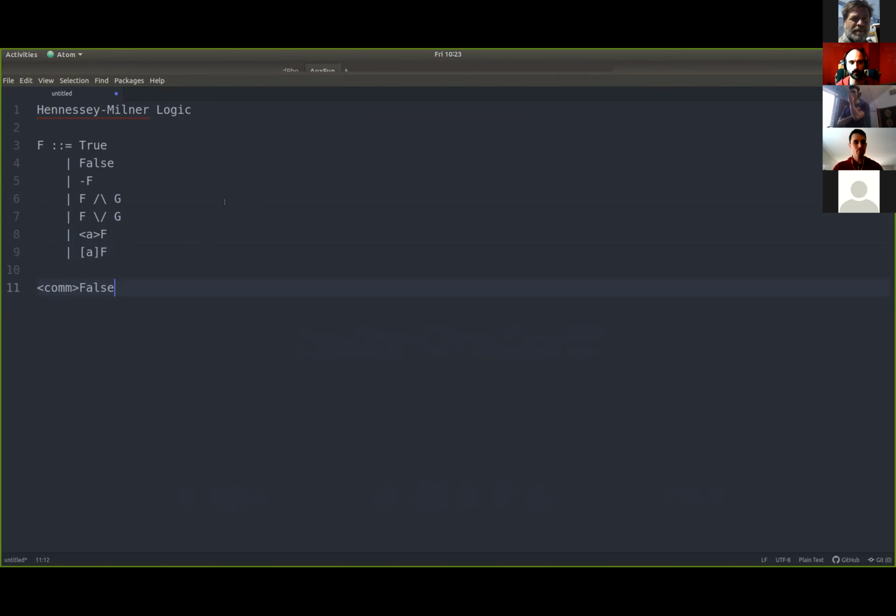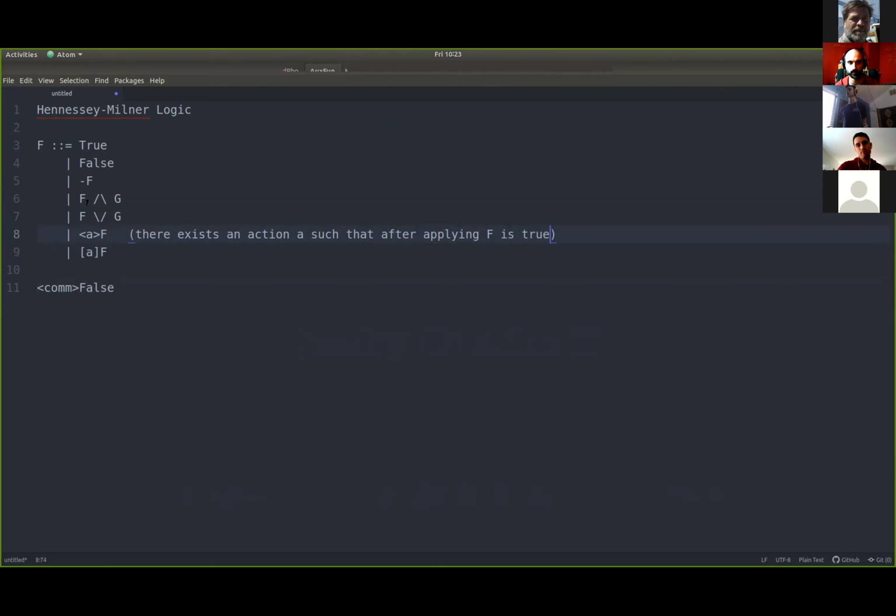Okay. Yeah, so that's just syntax that we have currently, right? So maybe in terms of semantics, this is: there exists an action or transition or whatever such that after applying it, F is true.